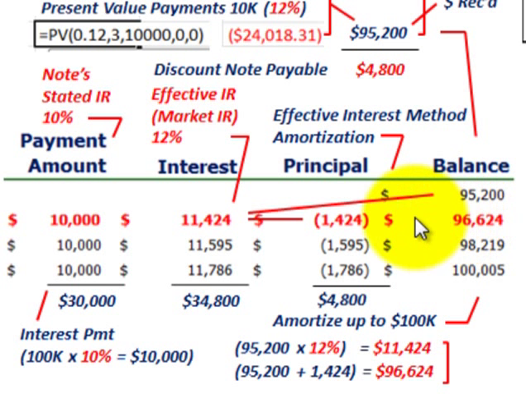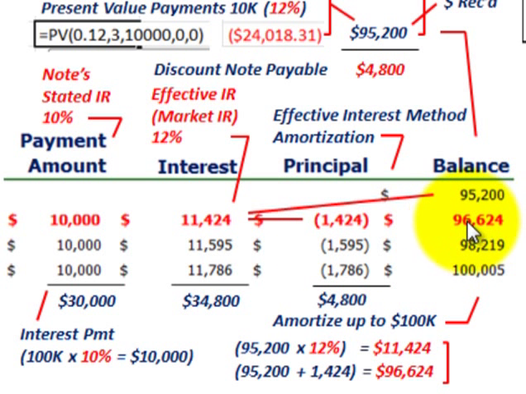So taking that amount times the effective interest rate at 12%, for the next period we're going to have an effective interest expense of $11,595. Compare that to the cash payment made at $10,000, so we're going to experience this additional interest expense as the difference, $1,595.